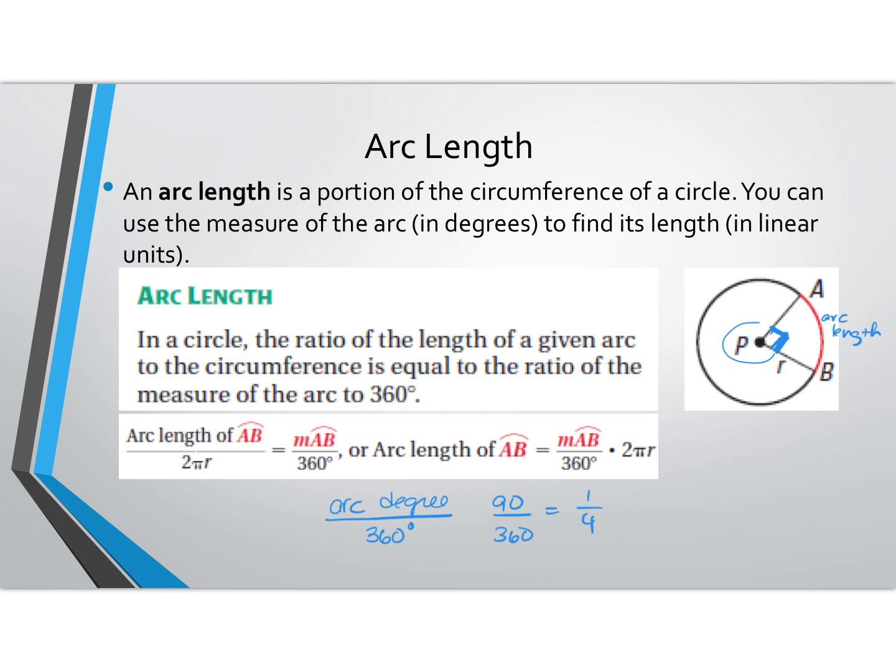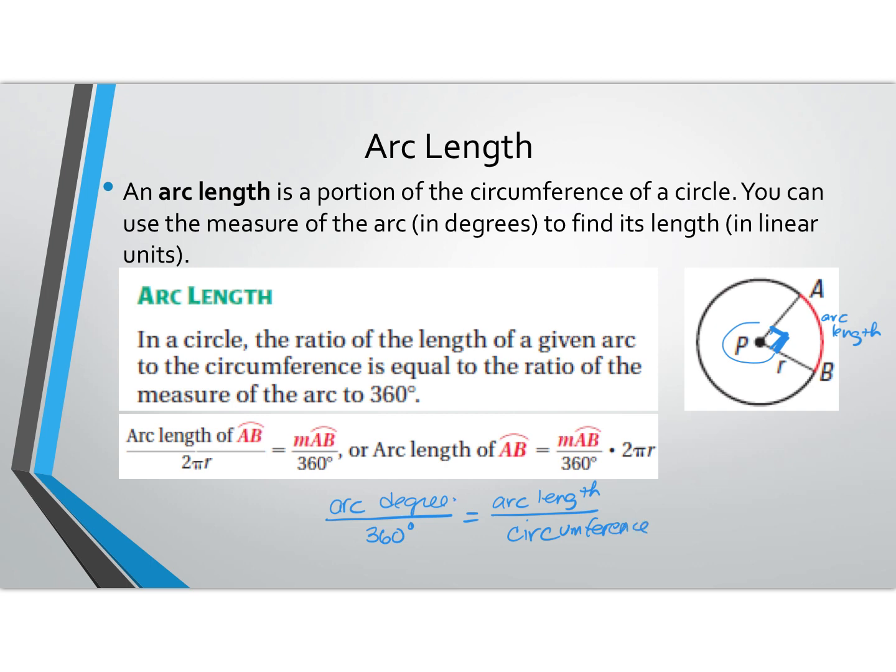And so I could create a ratio. I could say the arc degree over 360 is going to be the same ratio as the arc length over the entire circumference. And that's a valid ratio.